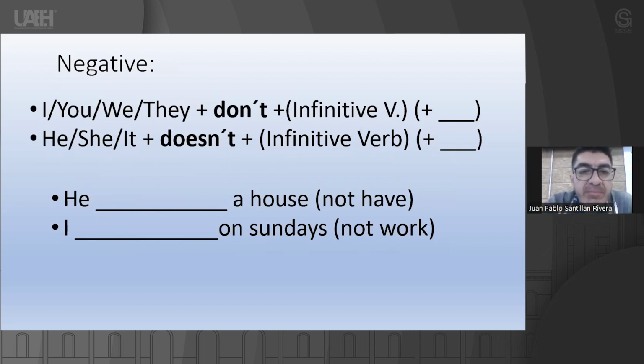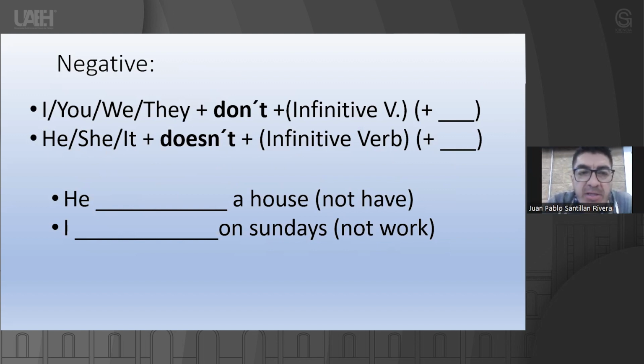In the negative form, okay, the subject is also very, very important. So we have the subjects I, you, we, and they, and then we have to add the expression don't, plus the infinitive verb form that I talked about previously, and a complement.